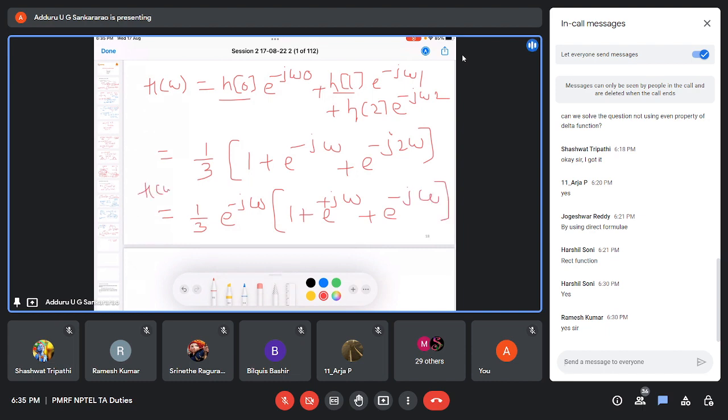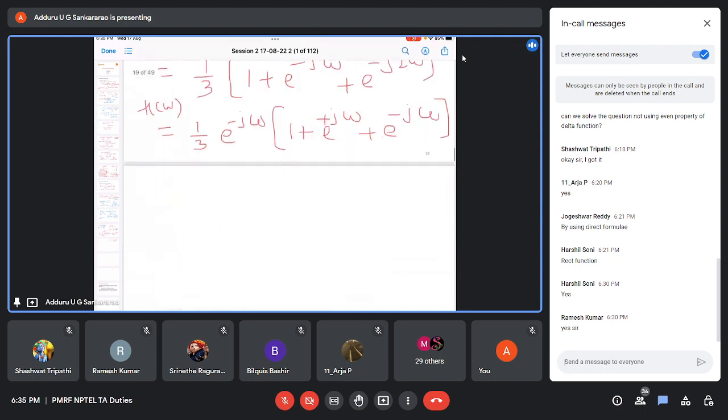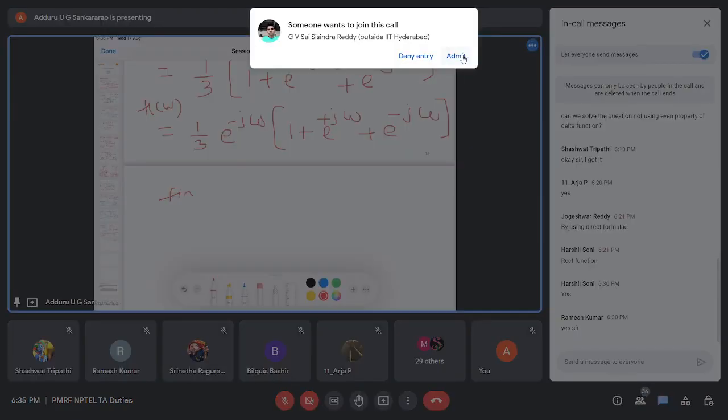So what we want is at what value of omega we will get this H of omega equal to 0. We need to find omega naught such that H of omega naught equal to 0.